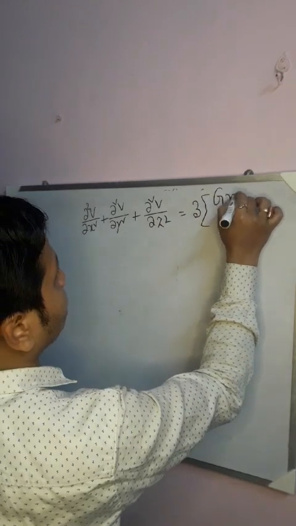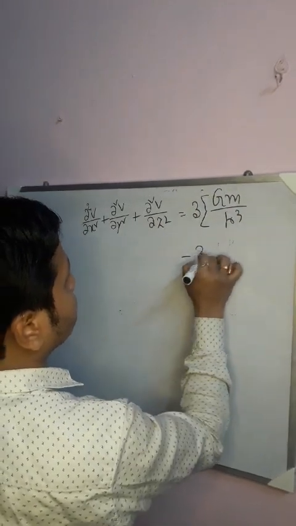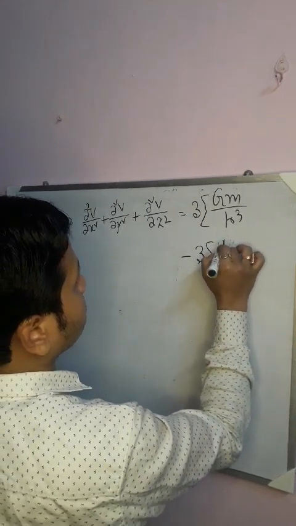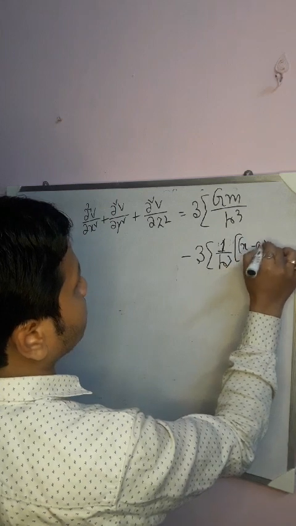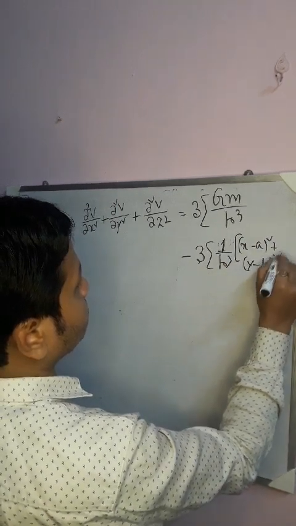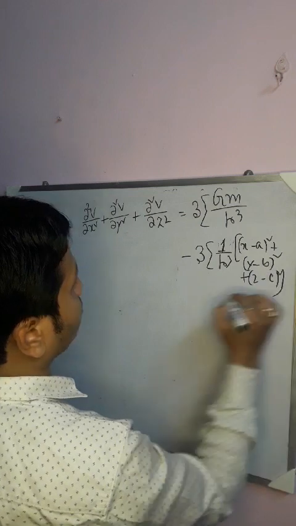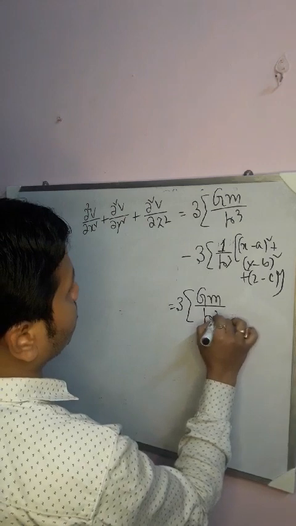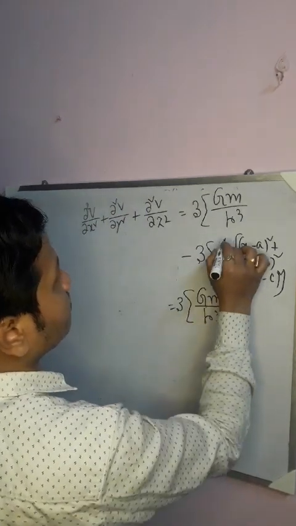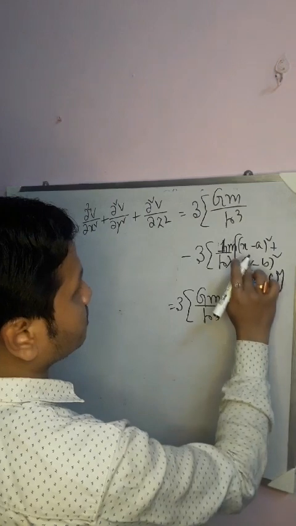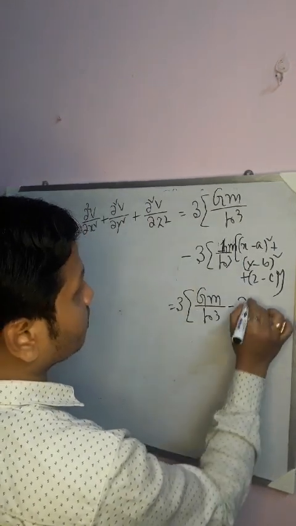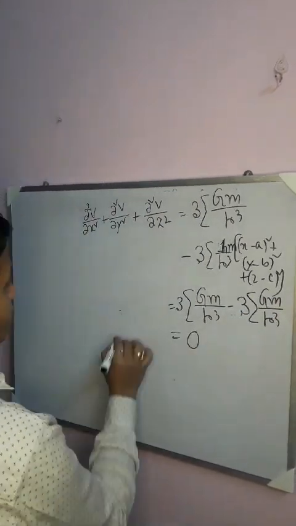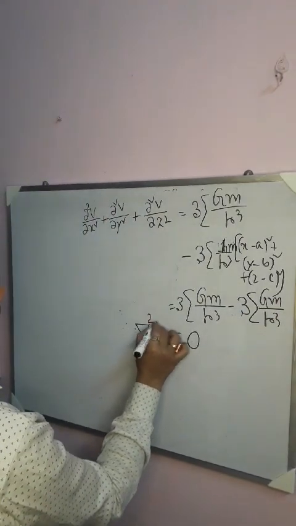This becomes 3 times 1 by r cube, minus 3 times (x minus a) whole square plus (y minus b) whole square plus (z minus c) whole square. So 3 into sum over GM by r cube minus 3, but GM is common to both terms. Okay, so this is simply r square and there is r to the power 5. That means GM by r cube. So this is 0 and this is nothing but ∇²V.